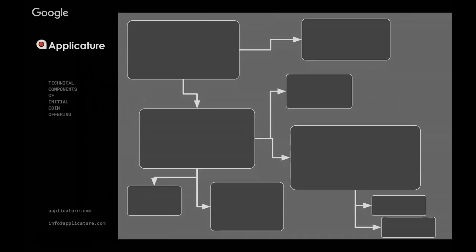If we dig deeper into marketing, for example, there are a lot of components there, and there is a lot of interaction between those components within one function in the company for the ICO, and a lot of interaction arrows between the different functions and different components within those functions. But we are covering the technical components today. So let's start with the website.